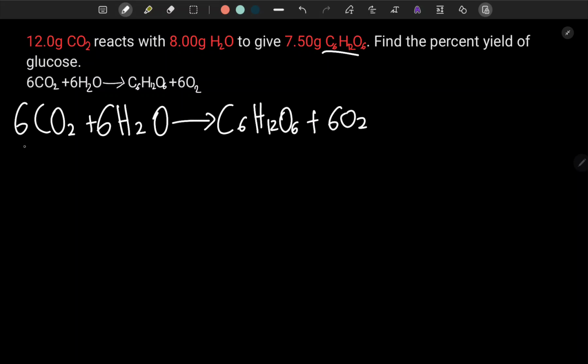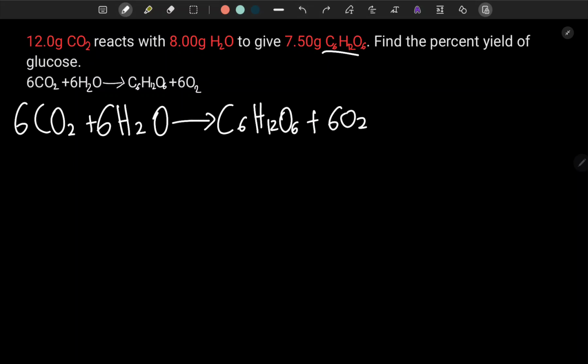If any of these reactants finish first, this means that the reaction is done. It's finished. So the first step, of course, is to calculate the moles. And here we are given the grams of CO2 and H2O.